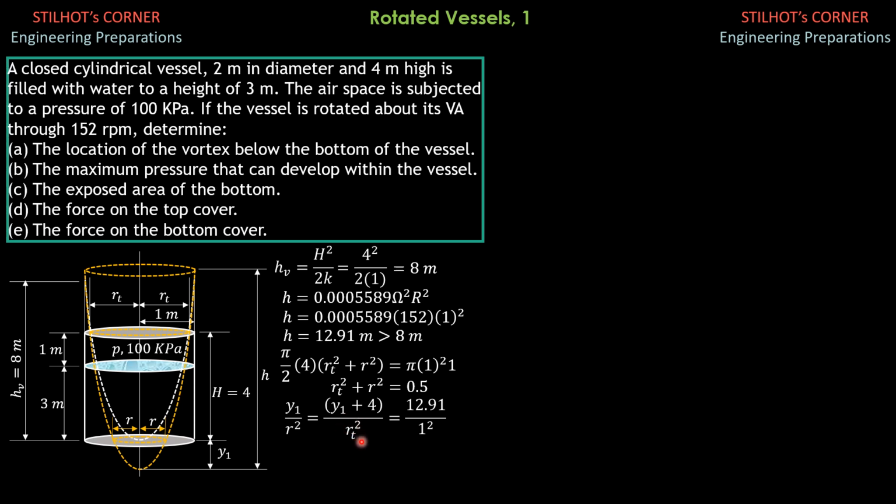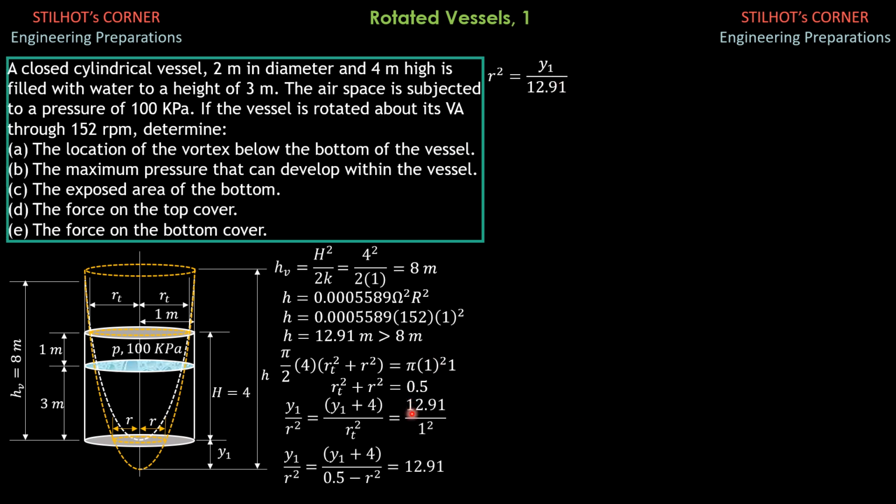Then we replace r sub t squared with 0.5 minus r squared, so y1 plus 4 over 0.5 minus r squared equals 12.91, where small r squared is y1 over 12.91.